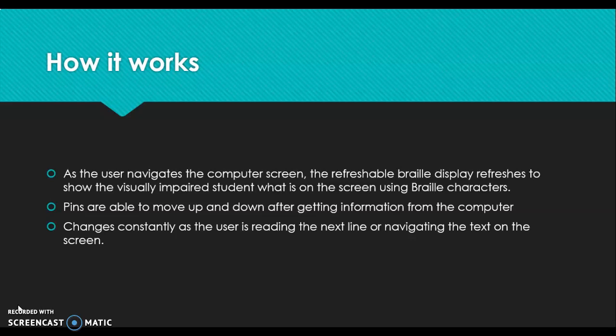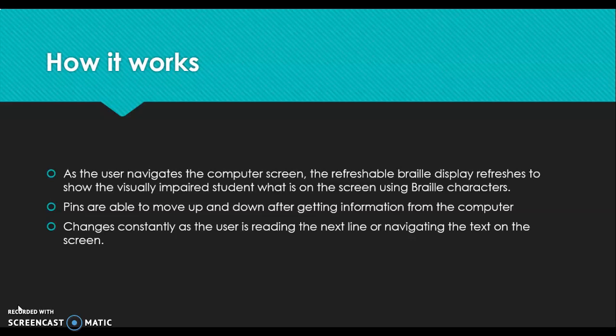The Braille display is connected to the computer, and as the cursor is moving through the screen or reading it line by line, the computer sends information to the Braille display and tells it which pins to raise up so that it will make the Braille characters for the student. And it changes constantly as it goes from the next line to the next line.